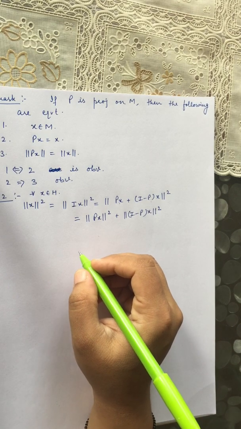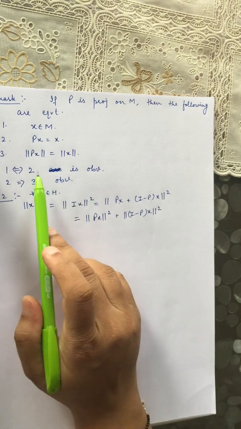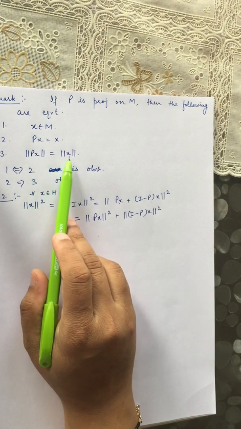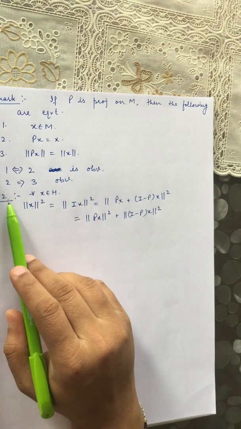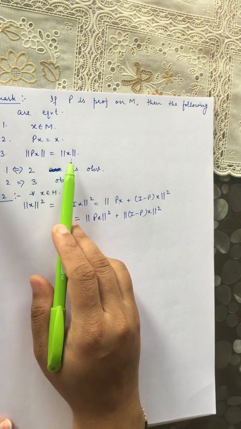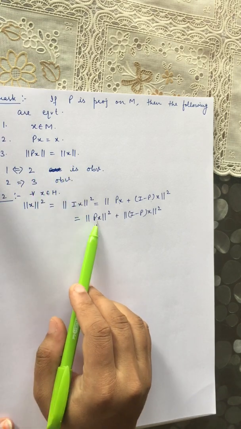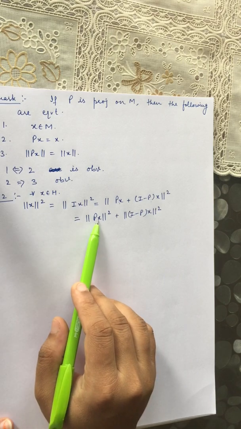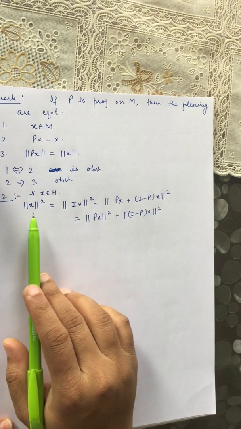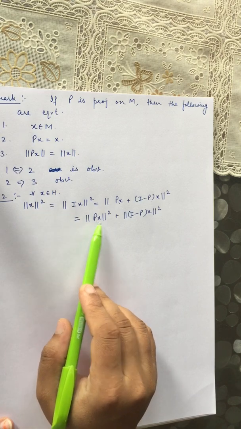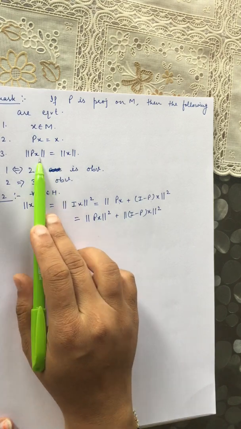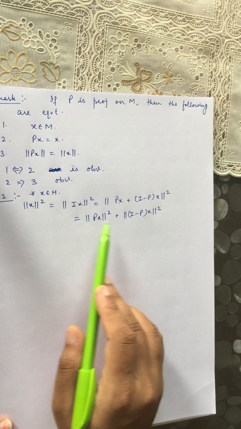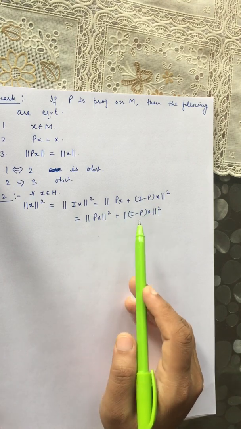Now if we assume norm of Px is equal to norm x, because we want to prove 3 implies 2, then norm of Px squared is equal to norm x squared. So this will be cancelled with this, because we have written here norm of x squared is equal to this plus this, but these two are equal, so this will be cancelled. So this means this is 0.